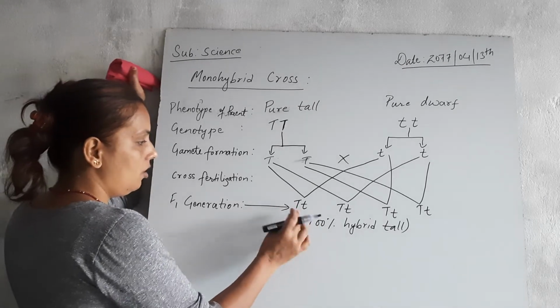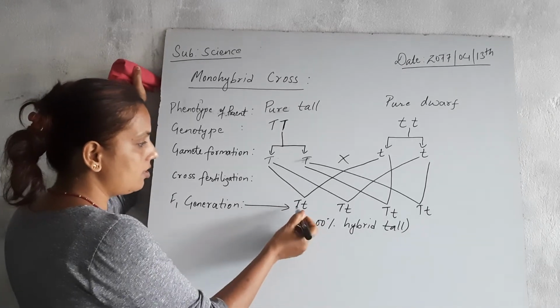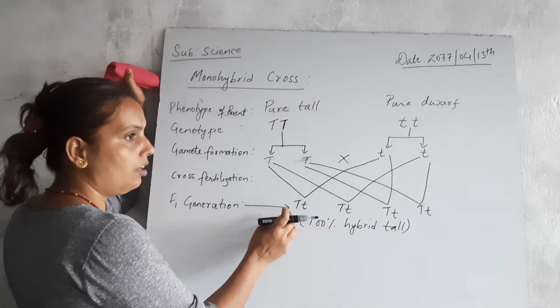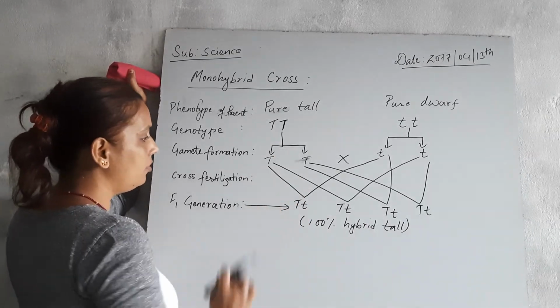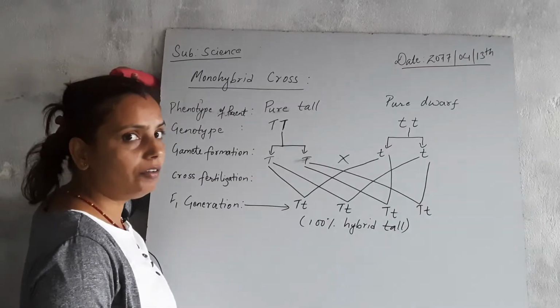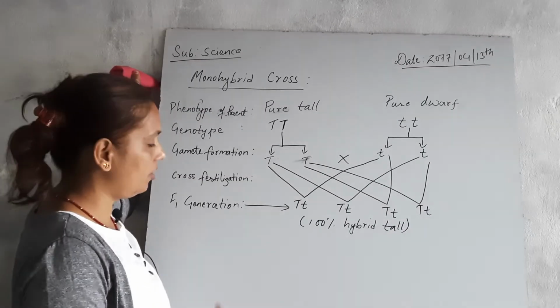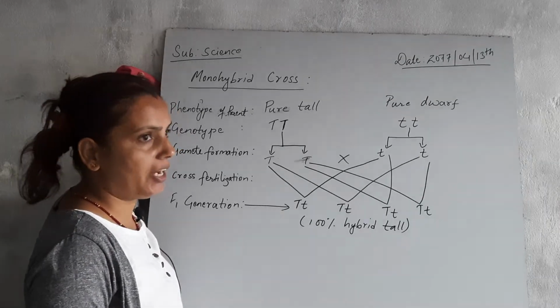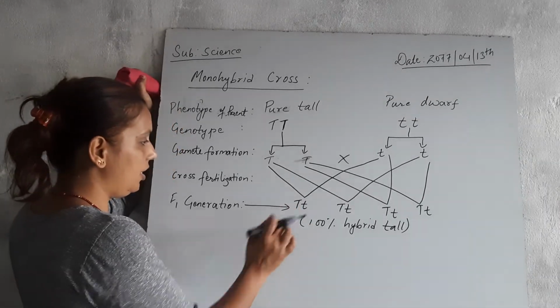They are called hybrid tall, since the genotype of the hybrids is the heterozygous kind of gene, that is capital T and small t.